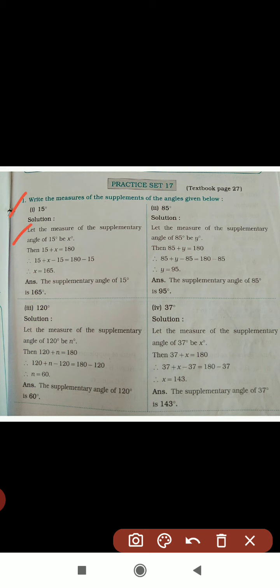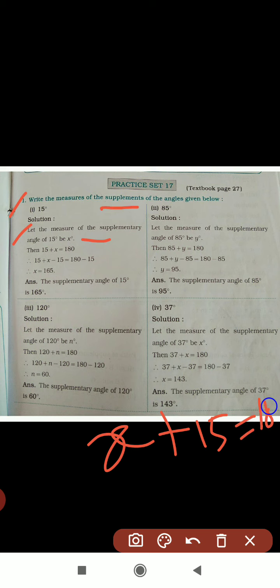Let the measure of the supplementary angle of 15 be x. You know that supplement means their sum is 180 degrees. One angle is already given, 15 degrees, and the other angle is x.